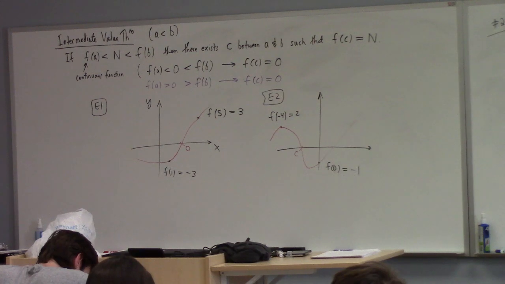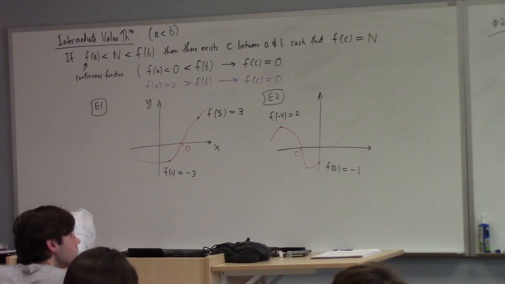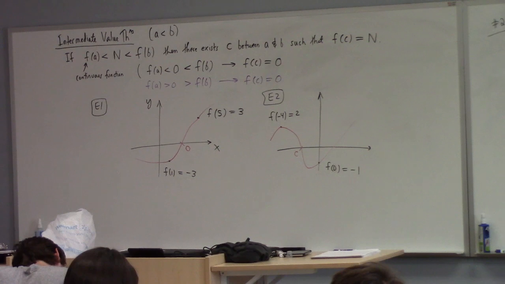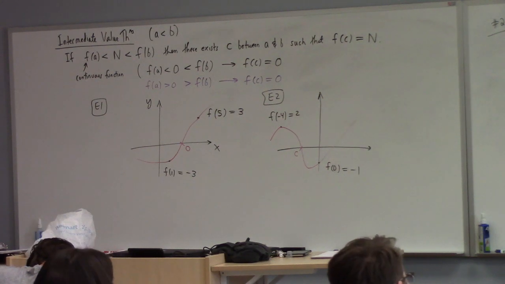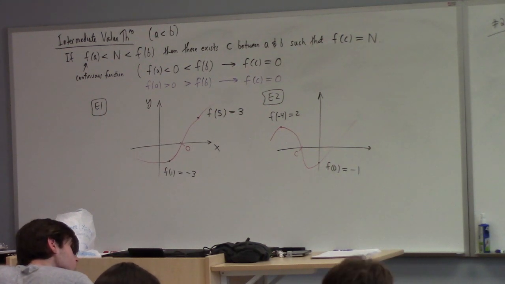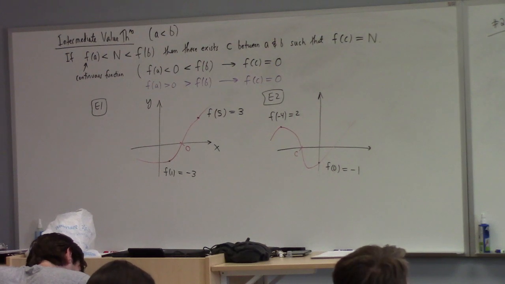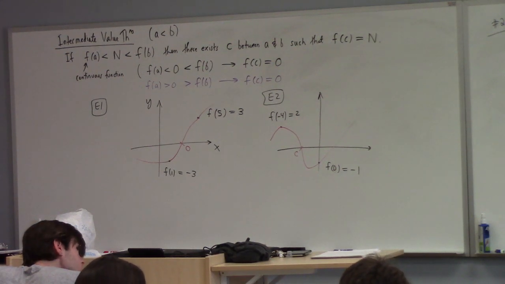where f is a polynomial with integer coefficients, then P is a factor of the constant term and Q is a factor of the leading coefficient.